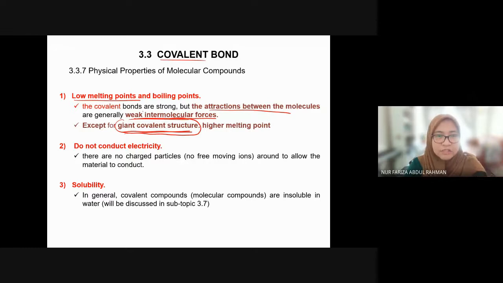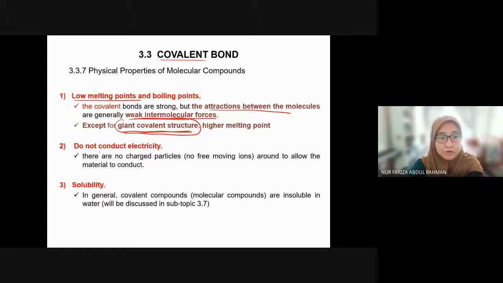If you are referring to the normal ataupun the common molecular compound, that means it has lower melting point. But if you are referring to giant covalent compound ataupun giant molecular compound with ionic compound, that one you kena be careful. You have to look at dia punya trend dekat situ. Okay, contoh kalau yang biasa-biasa tu normally dia punya ionic compound, dia punya melting point tu not as high lah. Okay, alright.